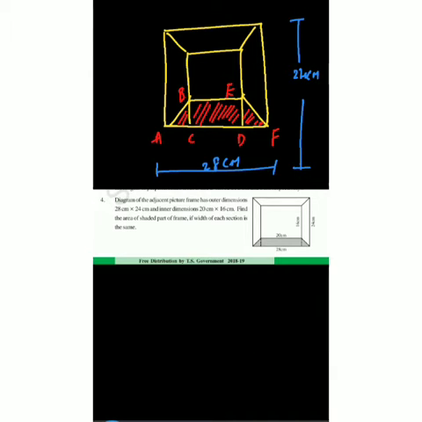Next, this part from here to here is 16 centimeter, and this part is given 20 centimeter.